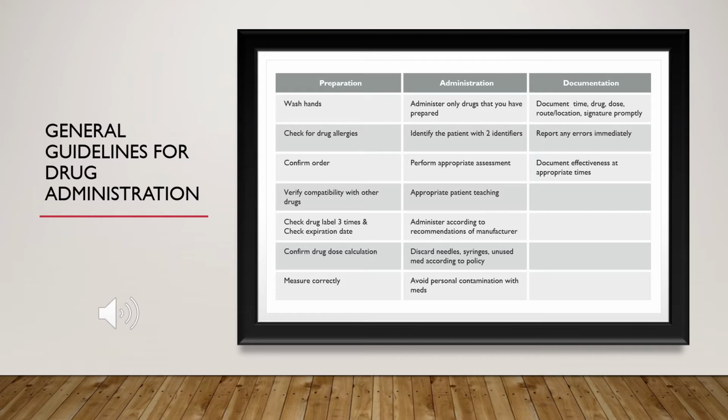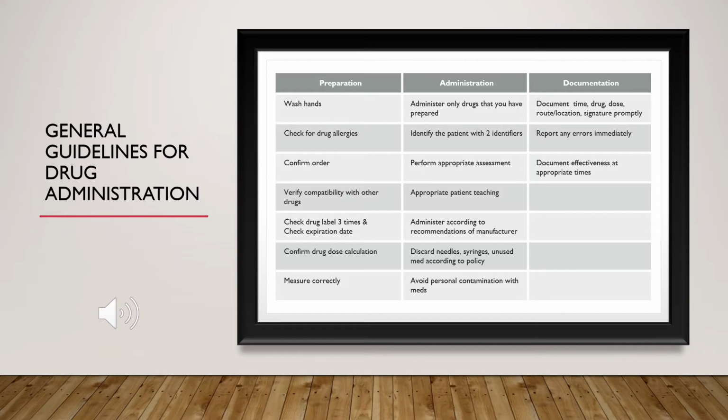If you're giving more than 1 medication, they're compatible drugs. You do your 3 checks, your label checks, and you make sure that you're checking expirations on each of the medication. If you need to complete a drug dose calculation, you do so and you measure the medication correctly. That's all under preparing the med.